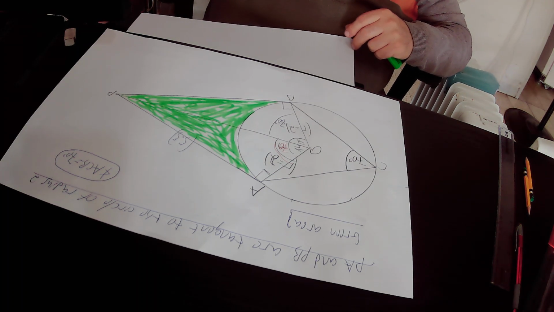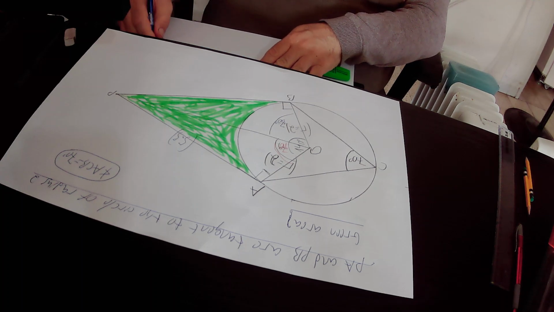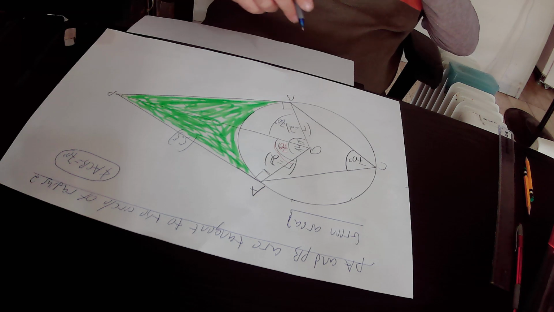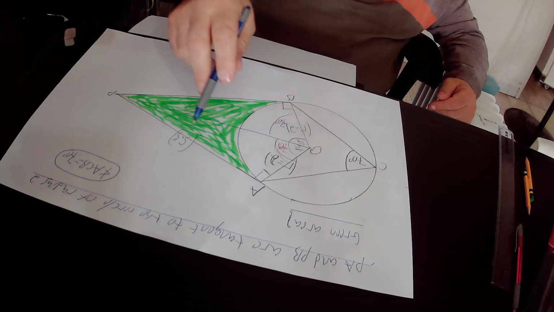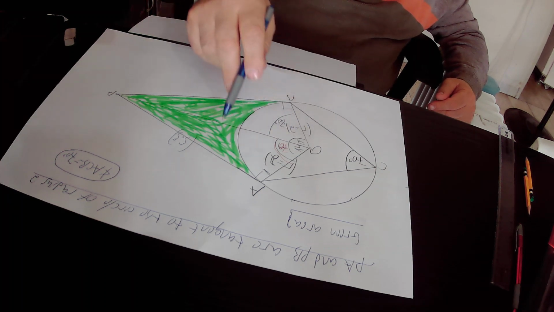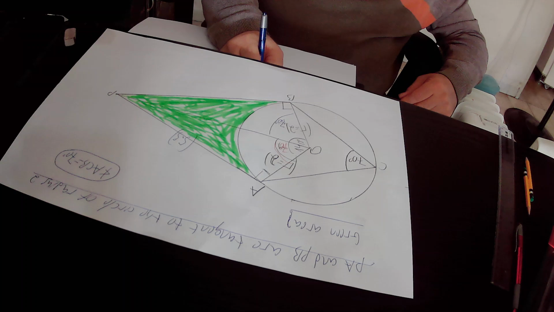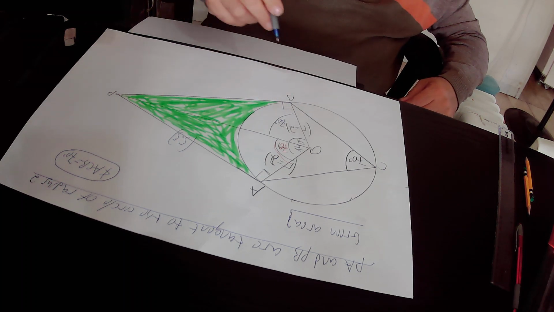From the drawing, it is very easy to see that the area of this green shape equals the area of the right upper triangle AOP plus the right lower triangle BOP.